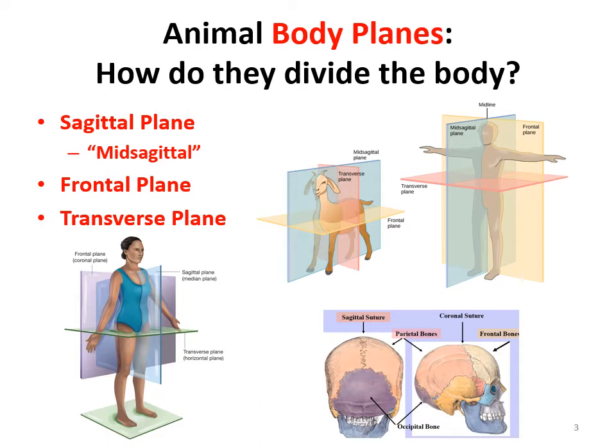If you are told a sagittal plane, sagittal means dividing the body into the left and right portions. If it's a mid-sagittal line, then it is directly in the half portion of that organism. It's exactly in the middle, making two equal left and right sides.